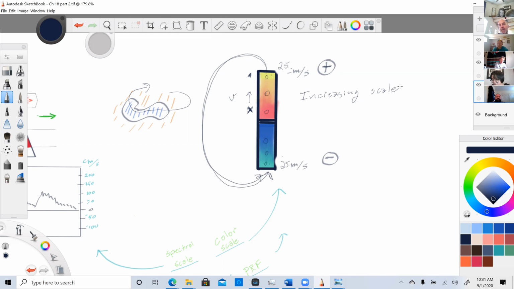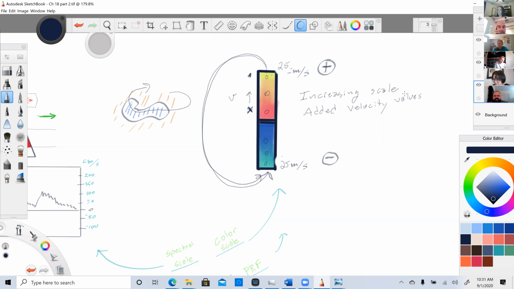We've added velocity. That's a good way. Added velocity values. Hopefully that makes sense. So we're basically increasing the range from what the computer can look at.